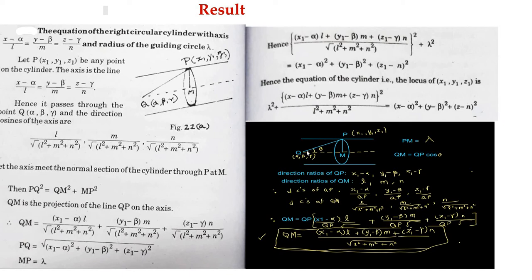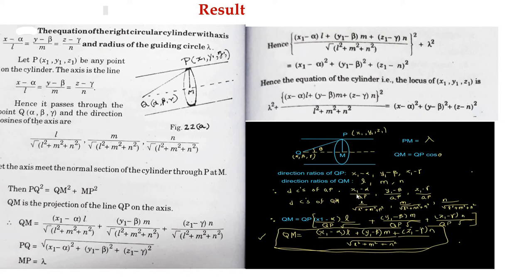Now the DRs of QP, having got the points P and Q, are x1 minus alpha, y1 minus beta, z1 minus gamma. And the direction ratios of QM are given as L, M, N. Now the DCs of QP will be x1 minus alpha divided by the square root of (x1 minus alpha) whole square plus (y1 minus beta) whole square plus (z1 minus gamma) whole square, which is nothing but QP.